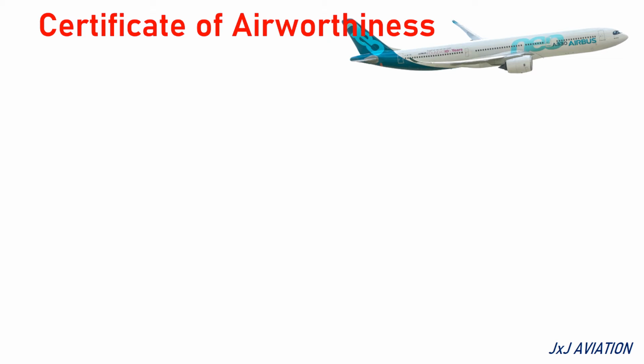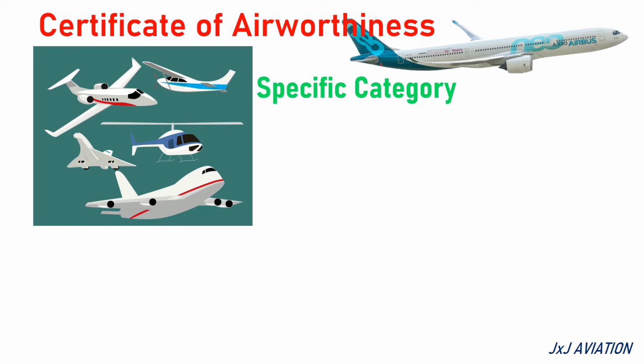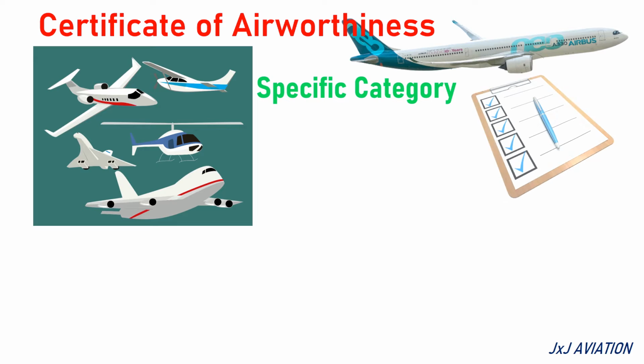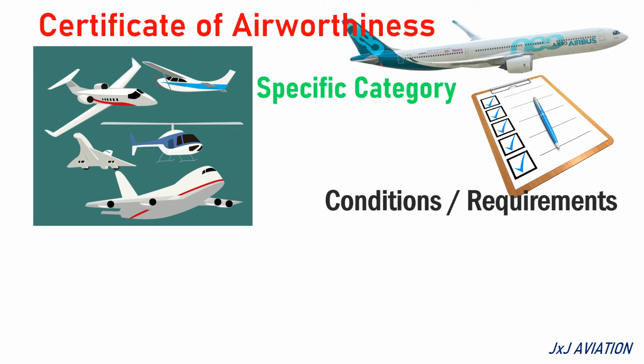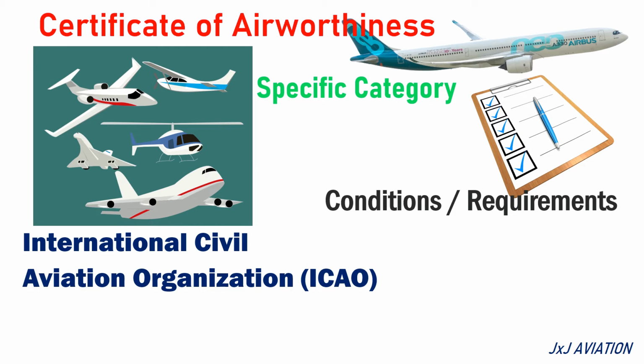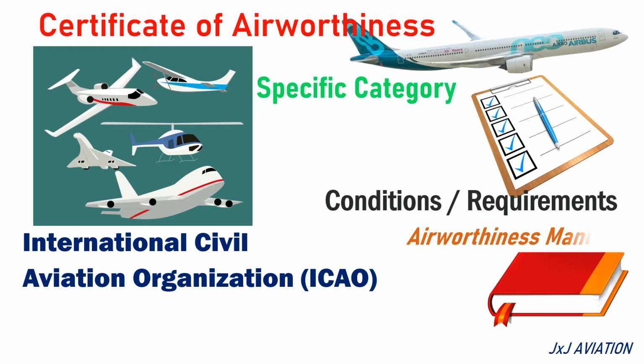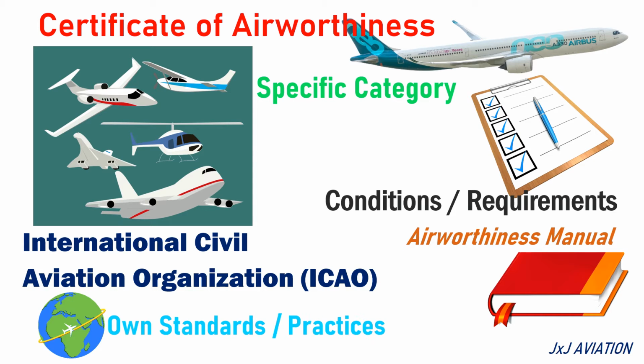The certificate of airworthiness is issued to an aircraft of a specific category if it satisfies a certain set of conditions or requirements. These requirements are taken from the International Civil Aviation Organization's Airworthiness Manual. Different countries use this manual to establish their own set of standards and practices to certify an aircraft.